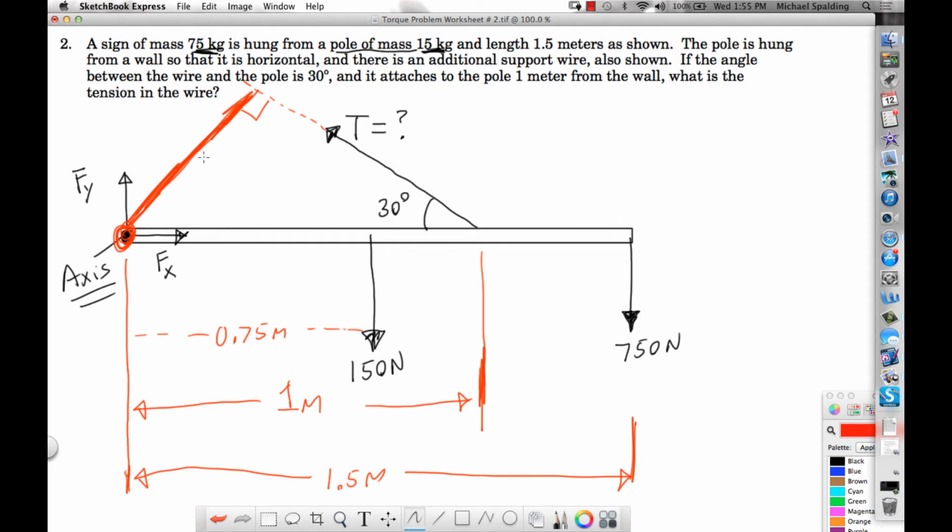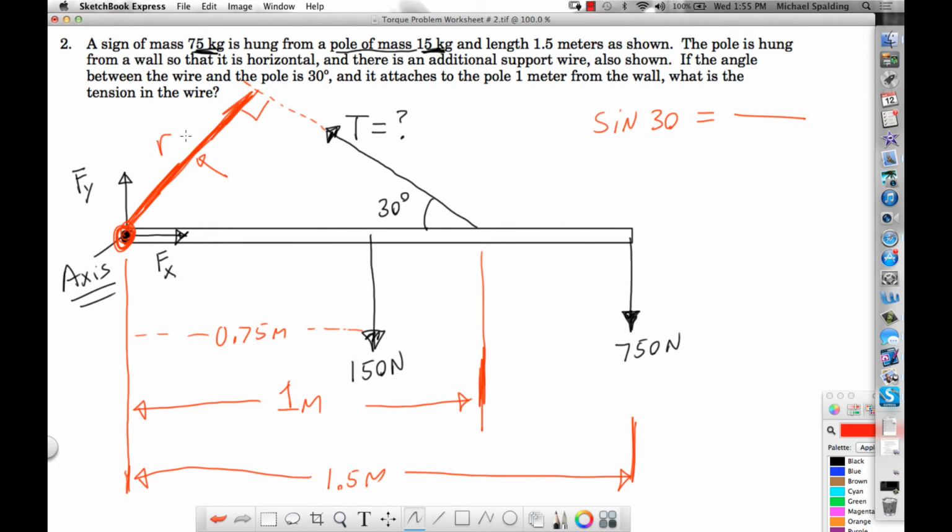Okay. Now how do we get that? Well, look, we can solve for what that distance is by using trig. So we have a triangle right here. If we do sine of 30, what's sine? Opposite over hypotenuse. So what's opposite the 30?